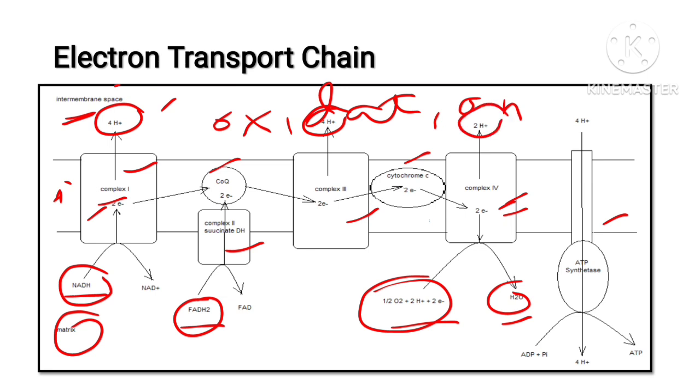So when the transfer of 2 electrons happens, 4 plus 4 plus 2, a total of 10 protons are pumped out if the electrons are from NADH. If the electrons are donated from FADH2, since it bypasses complex 1, only the 4 protons from complex 3 and 2 protons from complex 4 are pumped out.